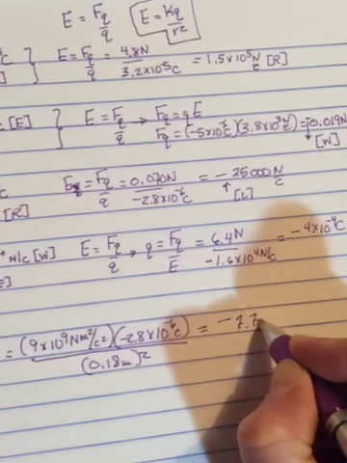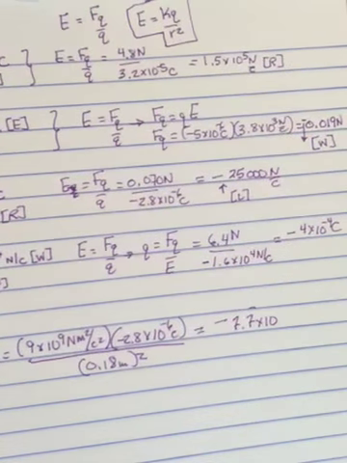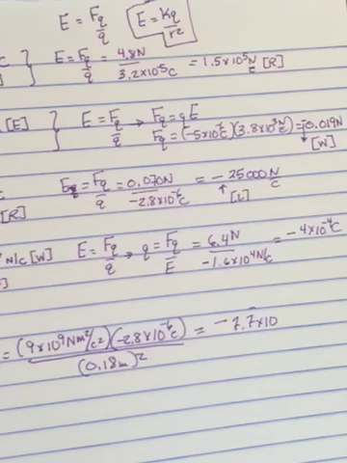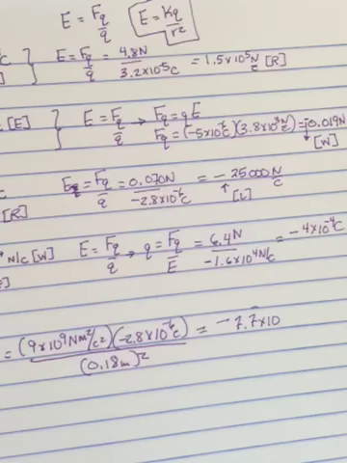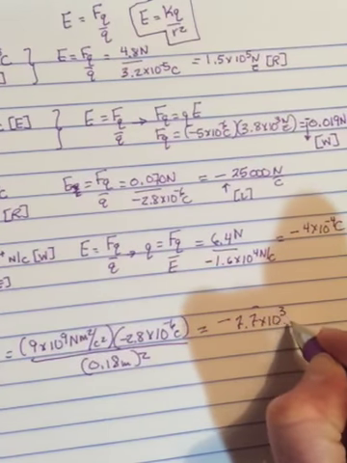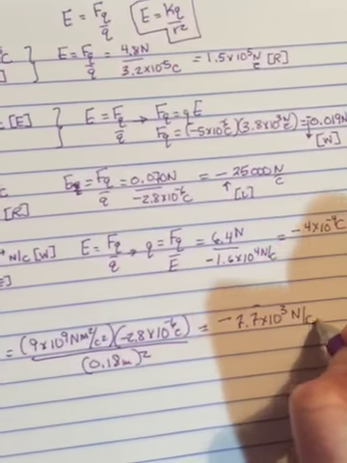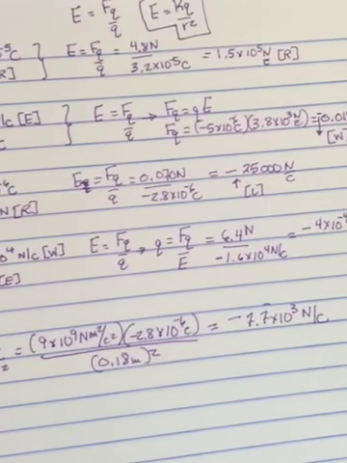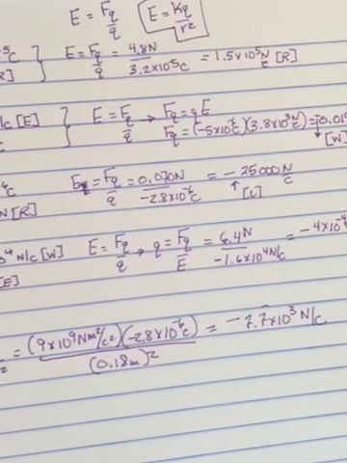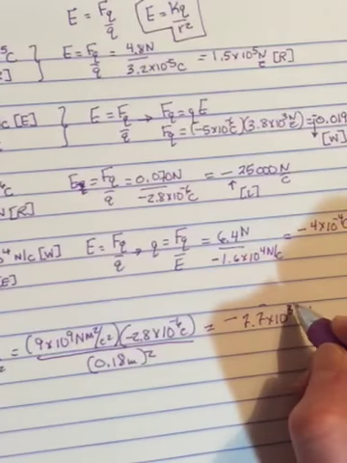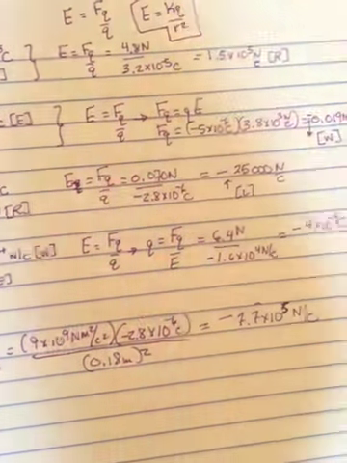Negative 7.7 repeating times 10 to the... newtons per coulomb, but I don't really trust my answer. 9 times 10 to the 9 times 2.8 times 10 to the negative 6 divided by 0.18 squared. Oh, that's what I got, except this time I got 10 to the 5th instead of 10 to the 3rd, so I might have counted wrong there before.